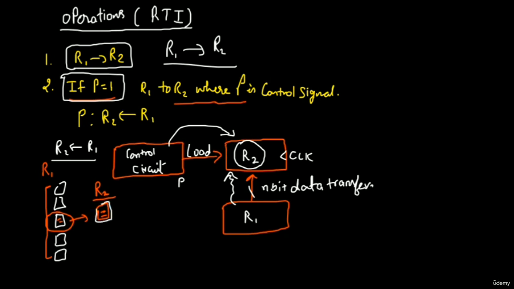But how do we know that we require only this one and not every one? We know because we have the control. I clicked on it, right? So technically and digitally, there is a control circuit that controls the entire information and brings the particular file into register 2.